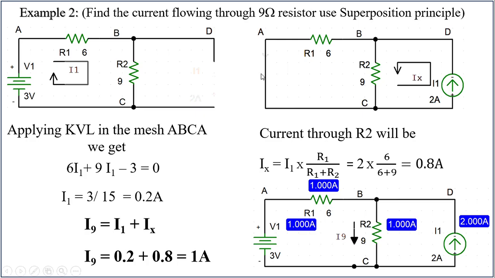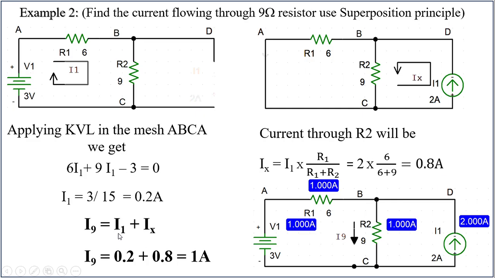So according to the superposition theorem, the current from B to C is the sum of the currents by considering one source at a time. By considering the voltage source, I got the current from B to C as 0.2. By considering the current source alone, the current through this resistor is 0.8. So the total current is going to be 0.2 plus 0.8.